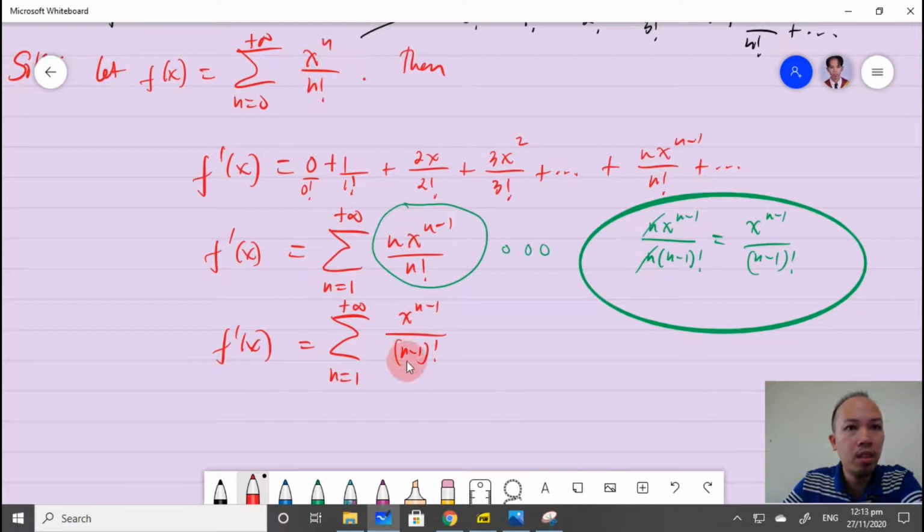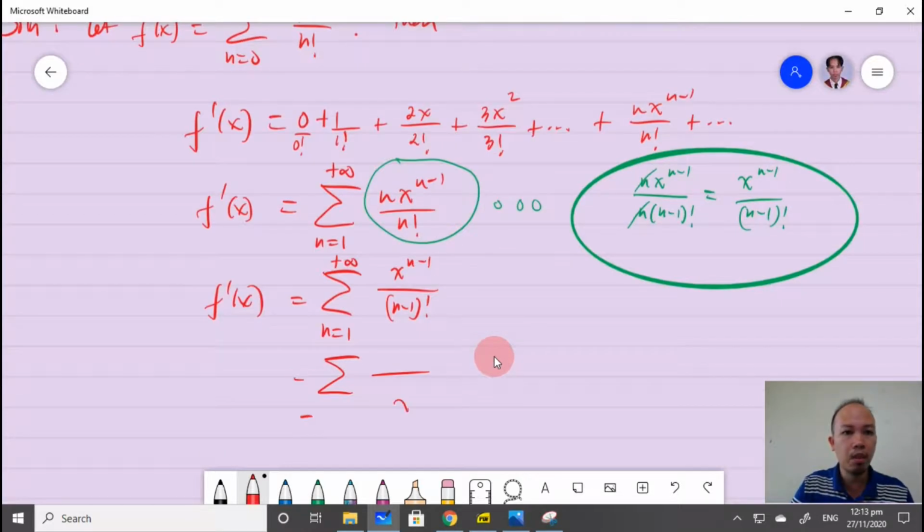And if you expand this, it will be the same as this expression. So I'm pretty sure that this can be written as, but this is not always the case, there are problems where it is not always the case, n factorial, n starts from 0 to positive infinity.